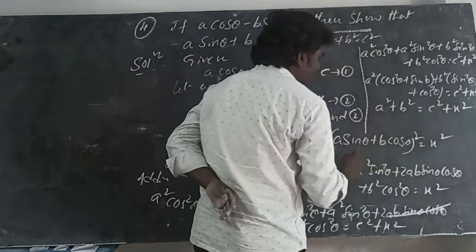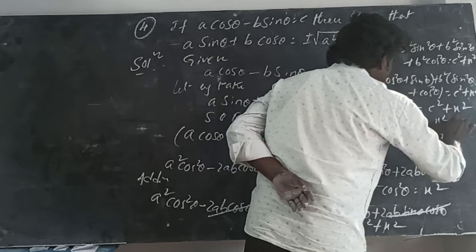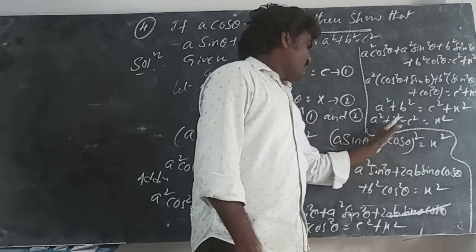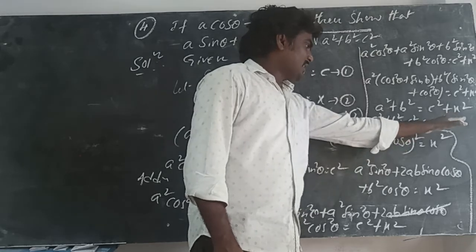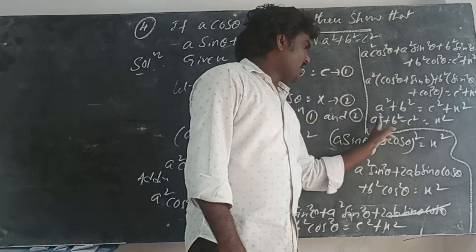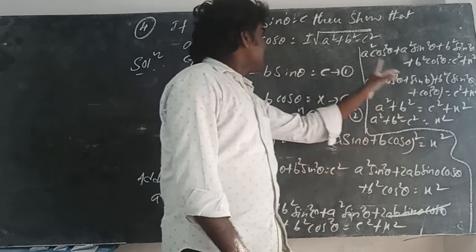C square comes to this side, so A square plus B square minus C square is equal to X square. Now the square comes to this side as a root, so X is equal to plus or minus square root of A square plus B square minus C square. What is X here?